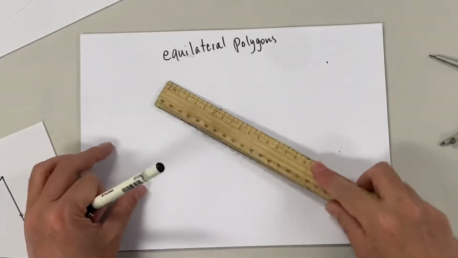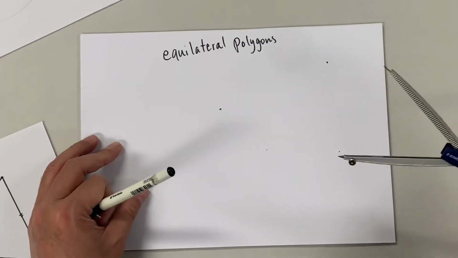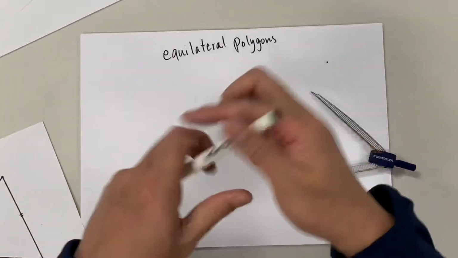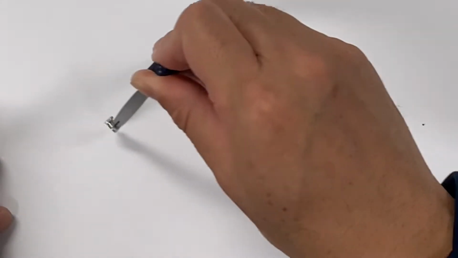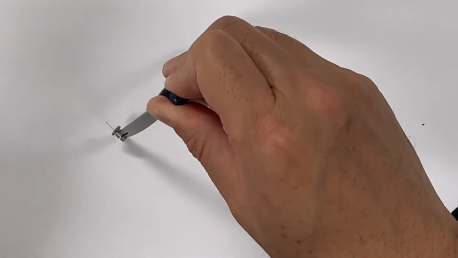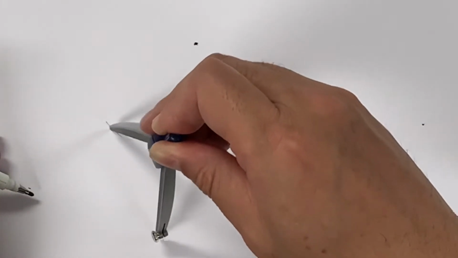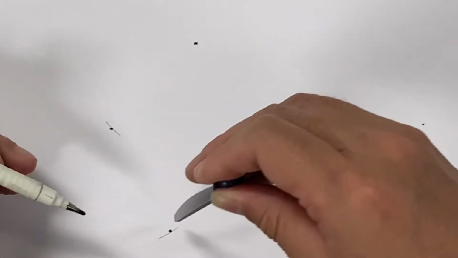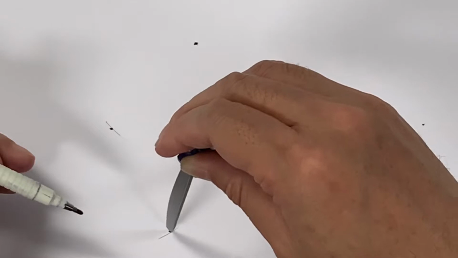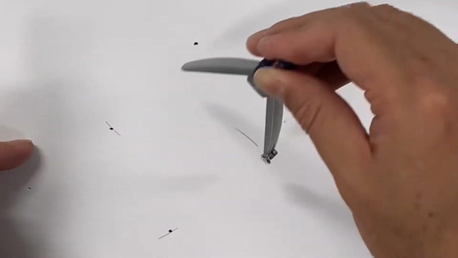Well, let's see if you can make equilateral polygons. Other polygons, for example, here's a dot. I just use this dot. Then I'm going to draw an arc, draw a dot, draw an arc, there's a dot, draw an arc, and this is going to be the last dot.